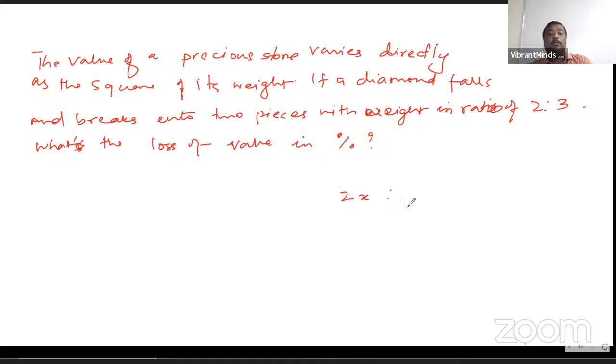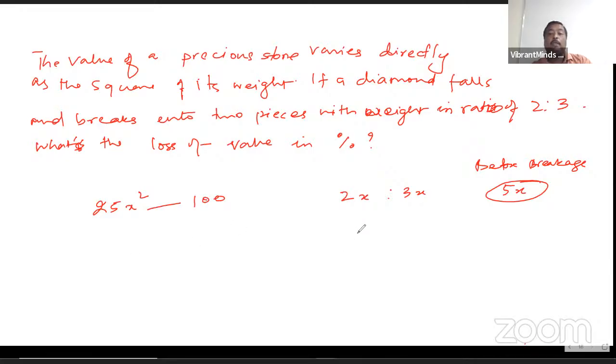Suppose 2x and 3x is after breakage. So before breakage it will be 5x. So square of its weight, 25x square is equal to, let's assume the value is 100.